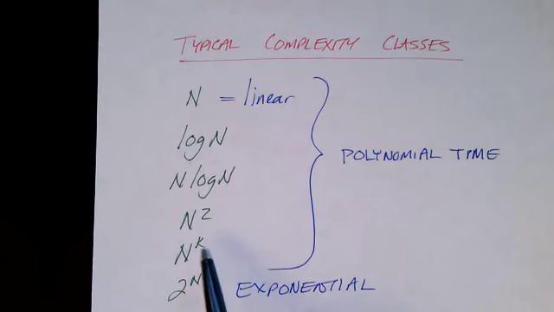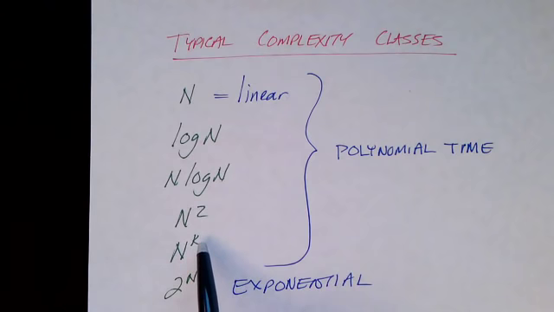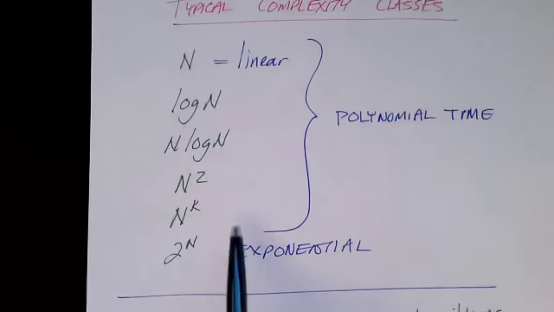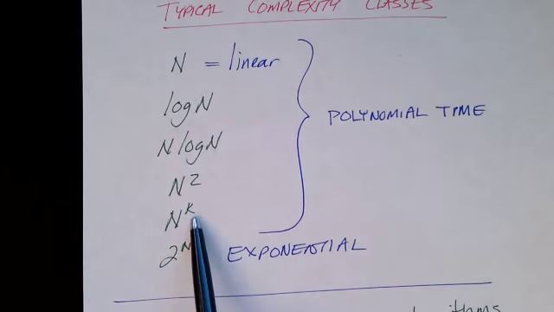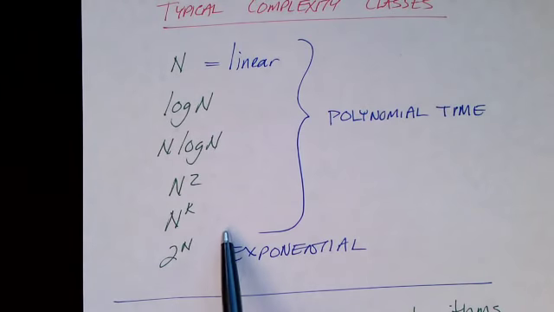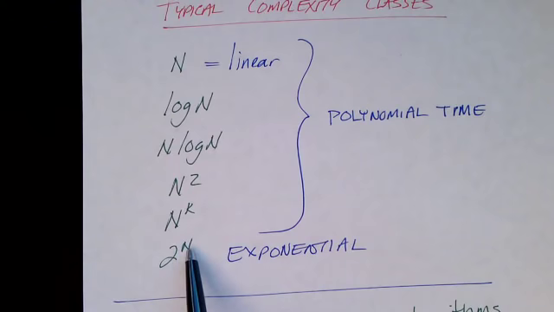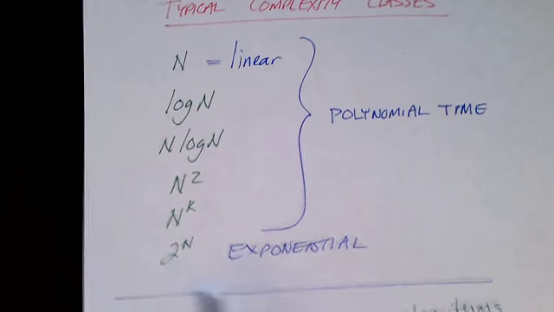We might, in general, say n to the k to mean polynomial time in general. So all of these, up through n to the k, are considered polynomial time. When n enters the exponent, we enter the realm of exponential time algorithms. And so we express exponential algorithms as 2 to the n.